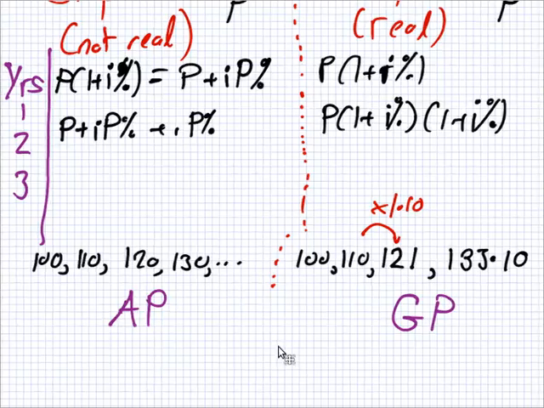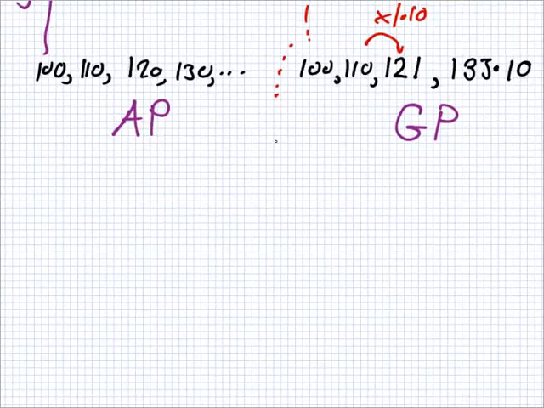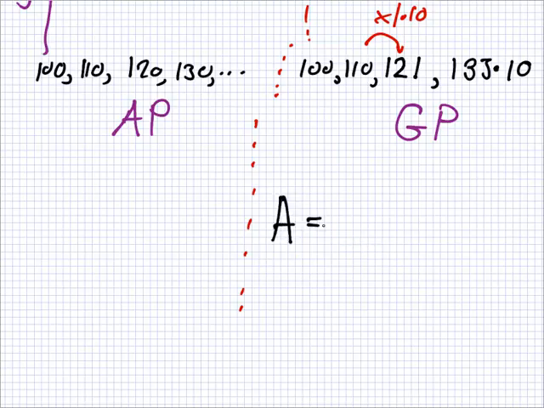So, for example, you can kind of think of these as formulas as well if you want. So here, how much money you have, the amount you have after n years, this would be A equals P times 1 plus I percent, to the power n. Because what's happening is each time I'm multiplying by 1.1.